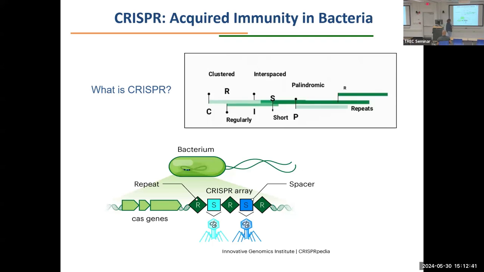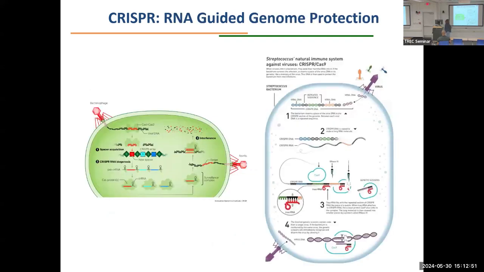So now let's see how this CRISPR array works to protect the bacteria from the attack of bacteriophages. When the bacteriophage attacks the bacterial cell, this is an acquired immunity.